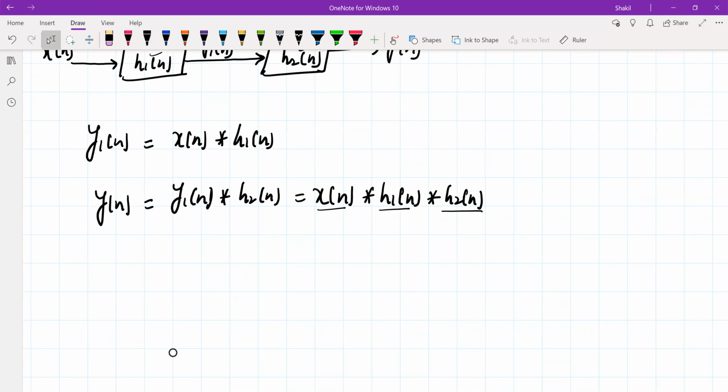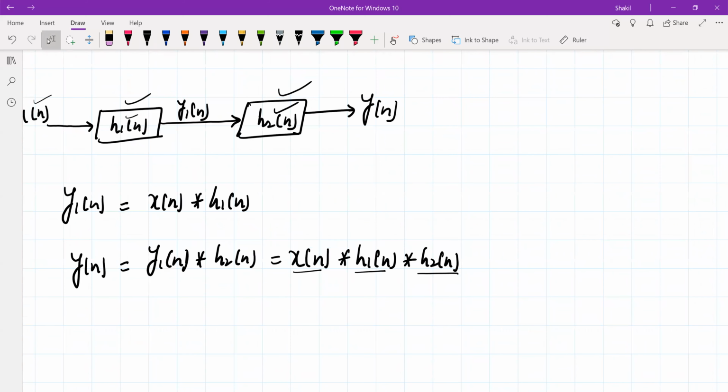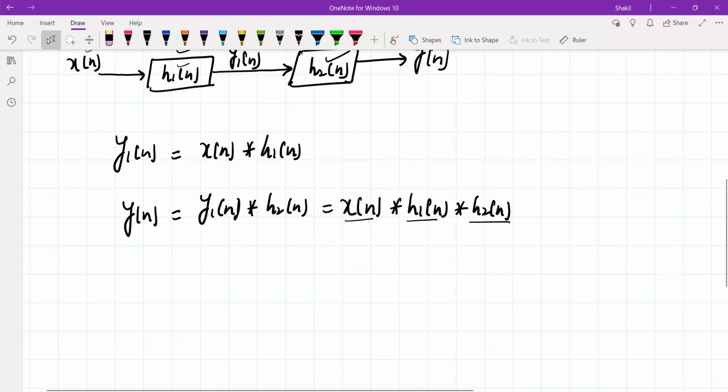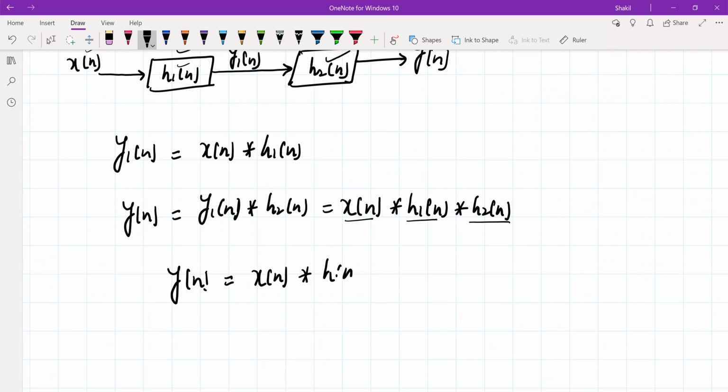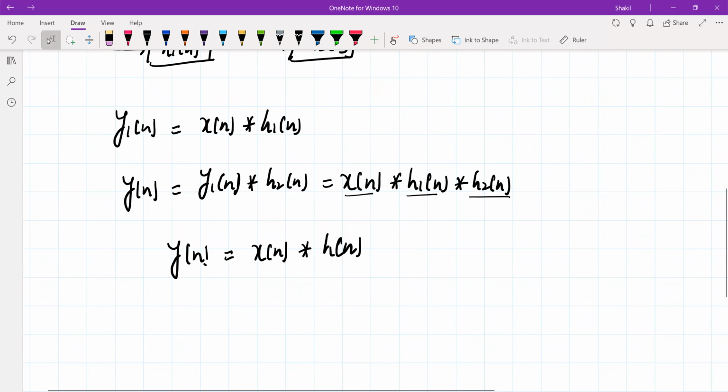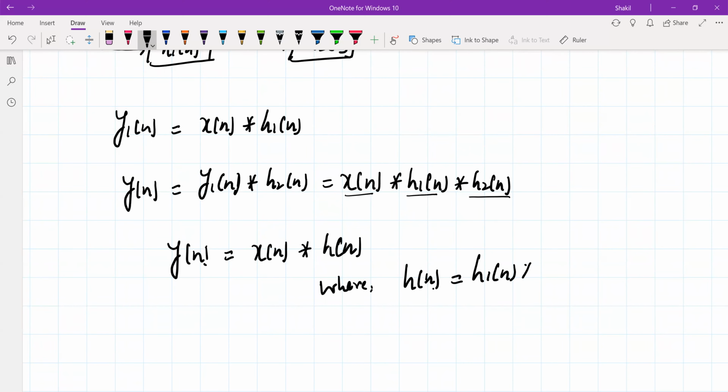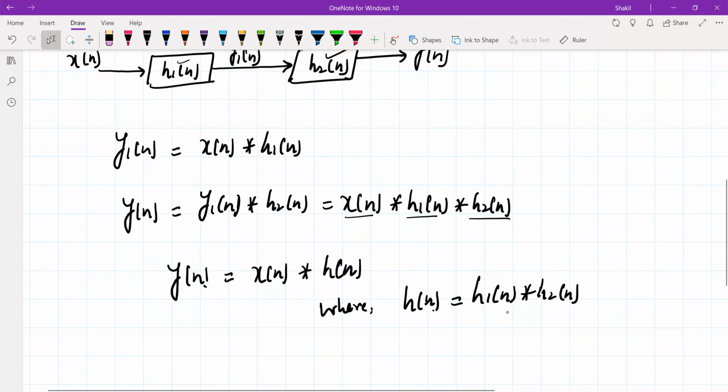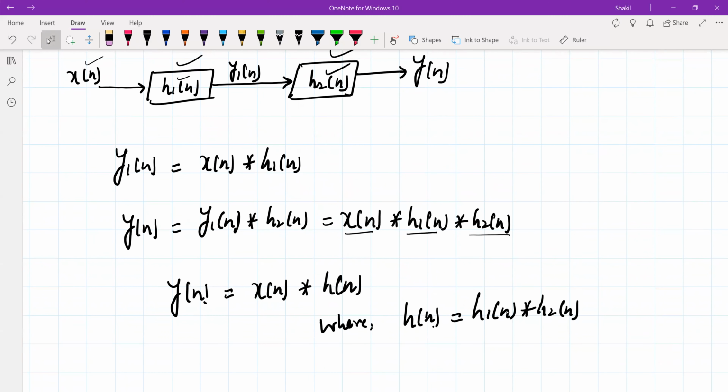In other words, you can replace this cascade system by another system whose impulse response is h of n, where h of n is simply the convolution of h1 of n and h2 of n.